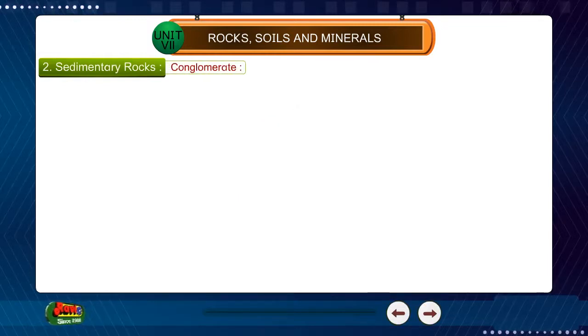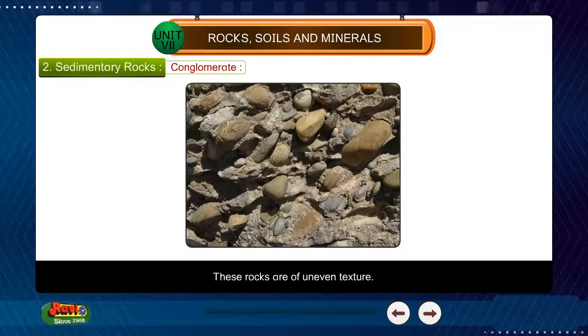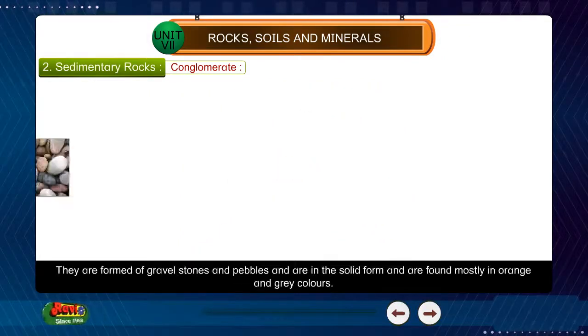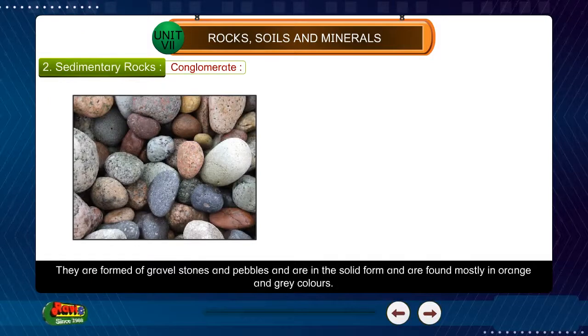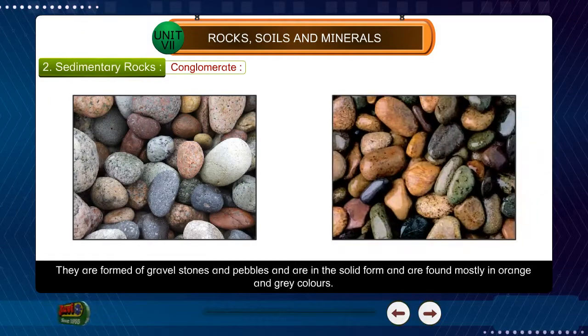Conglomerate. These rocks are of uneven texture. They are formed of gravel stones and pebbles and are in the solid form and are found mostly in orange and grey colors.